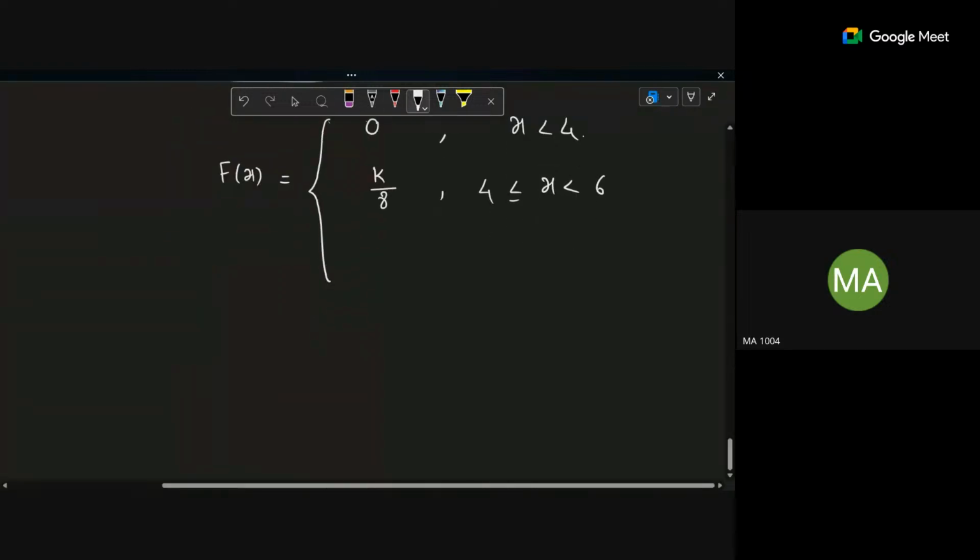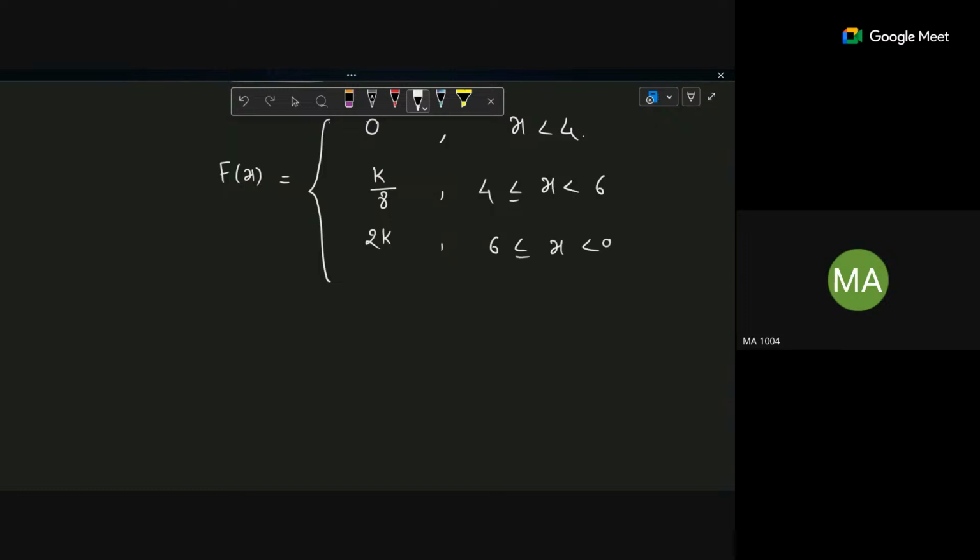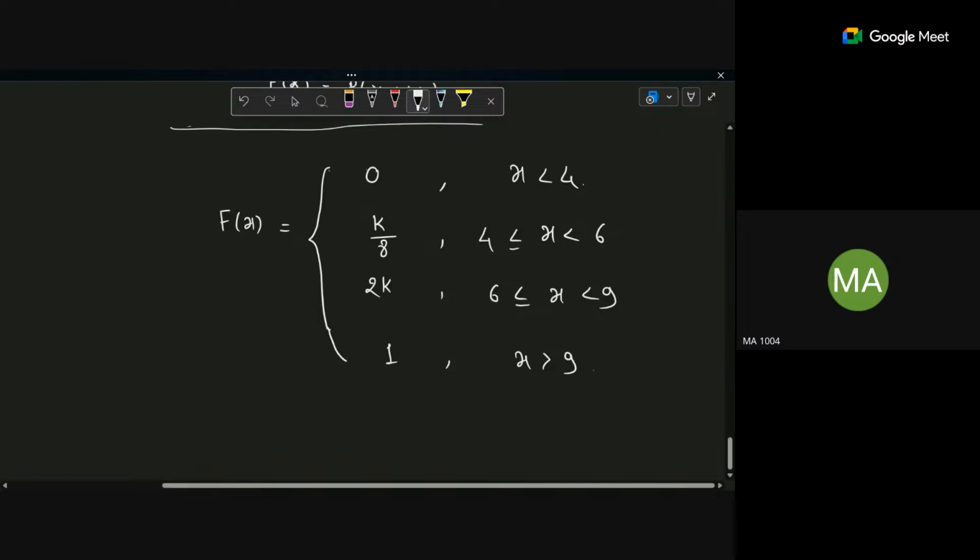It's taking twice k for the rest. Can you just go for it? What's the value of k here?